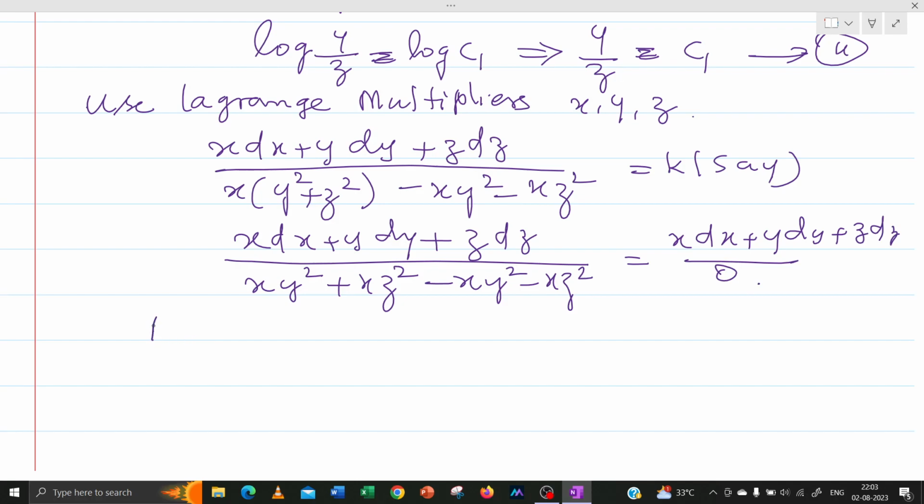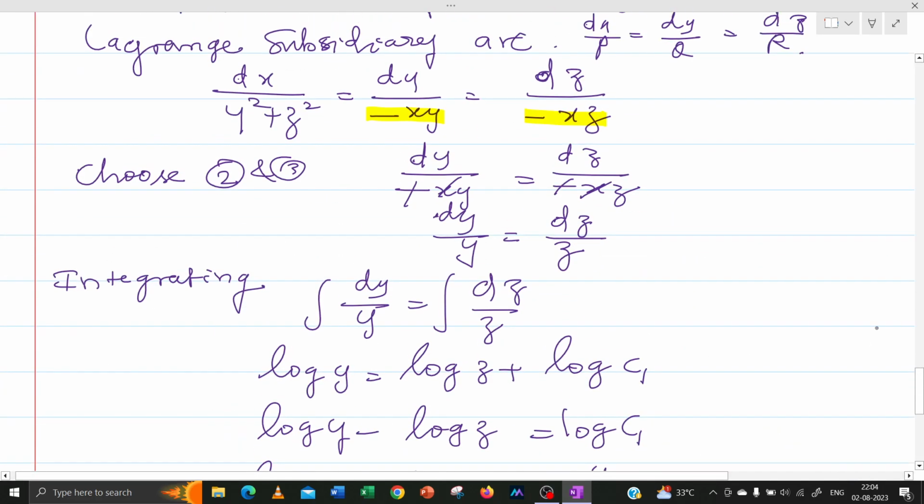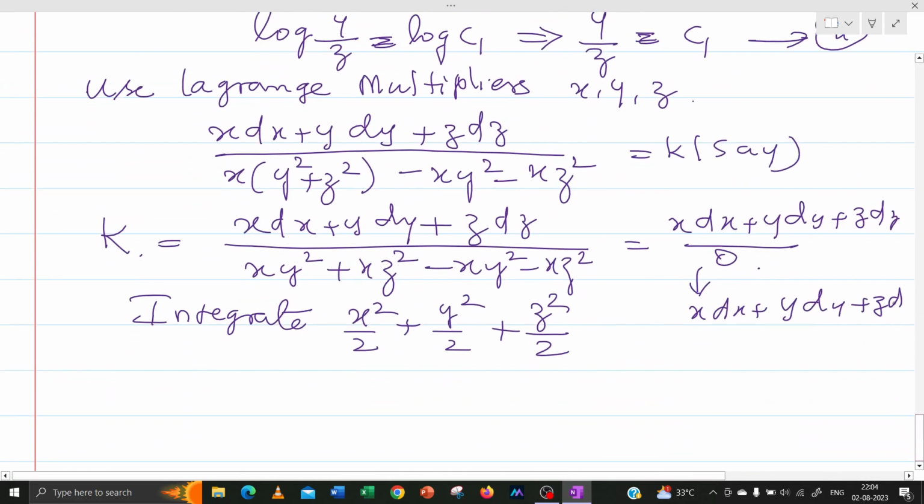Now if we integrate this, we will get x square by 2 plus y square by 2 plus z square by 2. Cross multiplying, you will get x dx plus y dy plus z dz equal to 0. If you integrate on both sides, you will get c2 by 2.